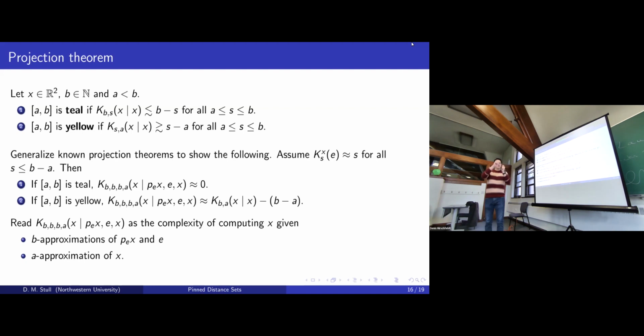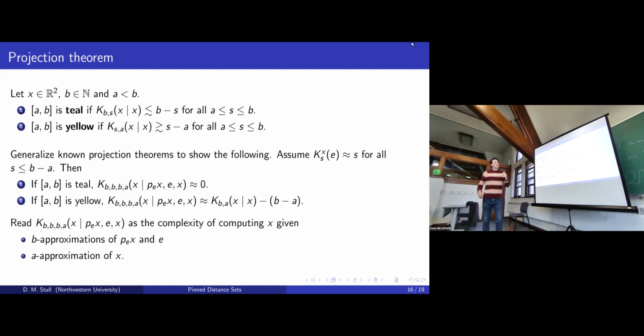Another way to think of this is more geometrically. If you look at the complexity function of X as a graph, and you draw a line with slope 1 emanating from the complexity of X at precision B, and the graph is below this line from S to B, then it's teal.